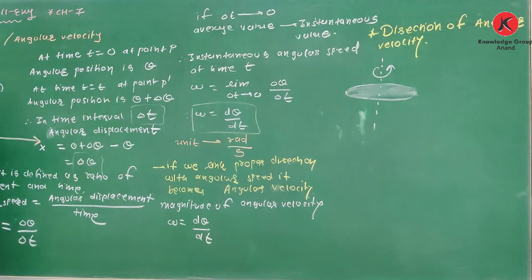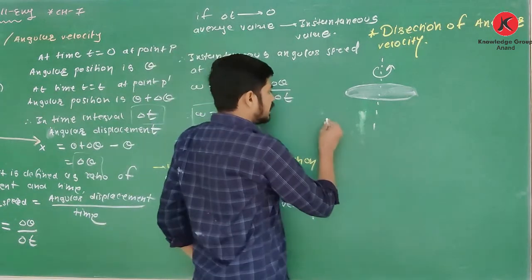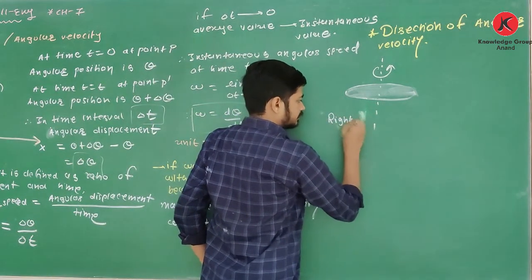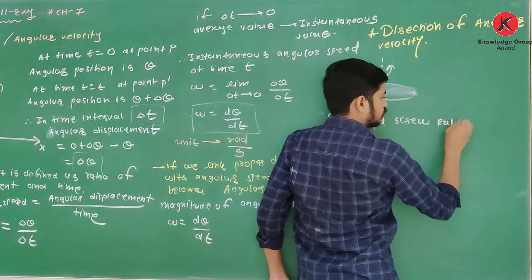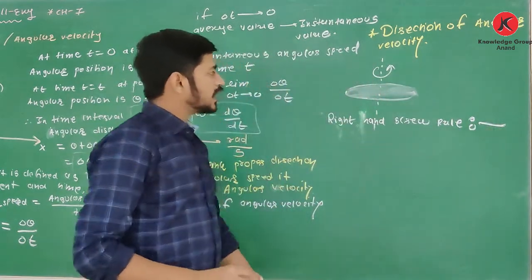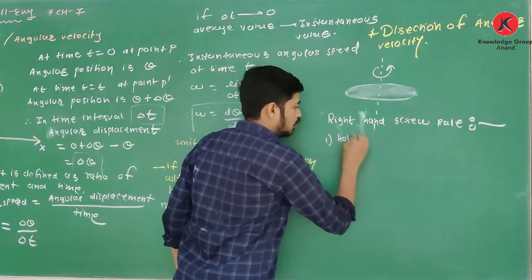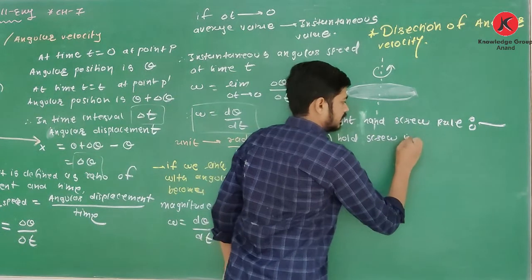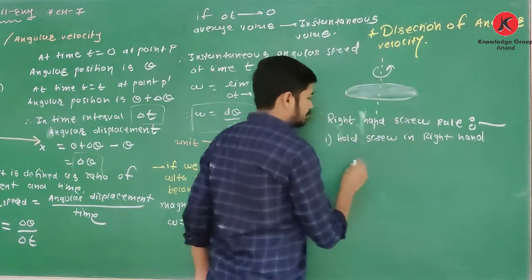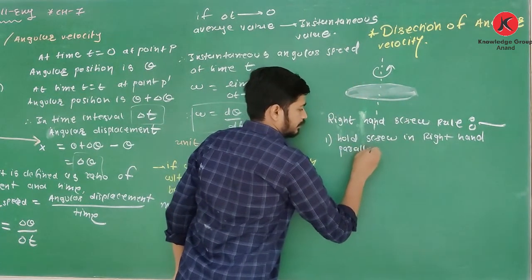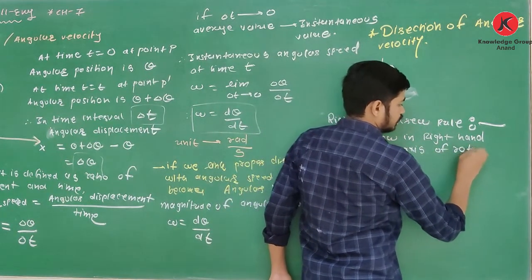What is the method? We find the direction of angular velocity with the help of the right hand screw rule. First step: hold a screw in the right hand parallel to the axis of rotation.